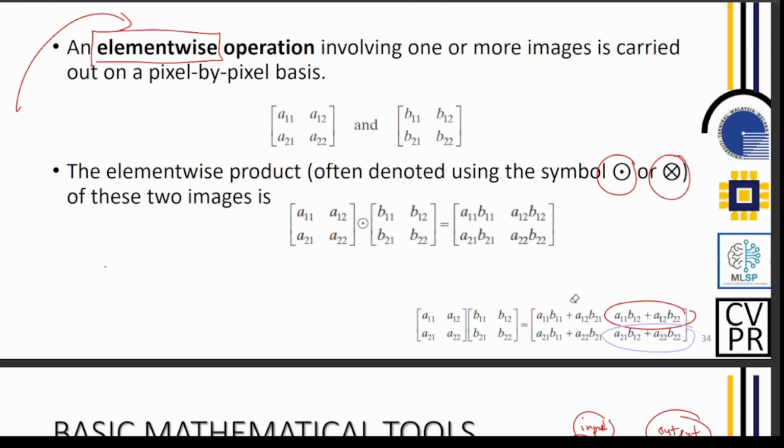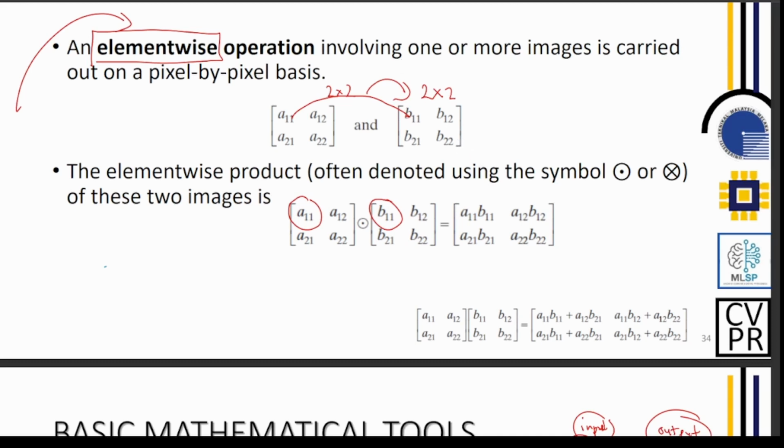Speaking of the element-wise, basically this 2 times 2 image pixel by 2 times 2 image pixel. We consider the element-wise to be a direct multiplication between that particular position and that particular position on both sides. So A11, B11, A12, B12, and so on. That would be the element-wise.